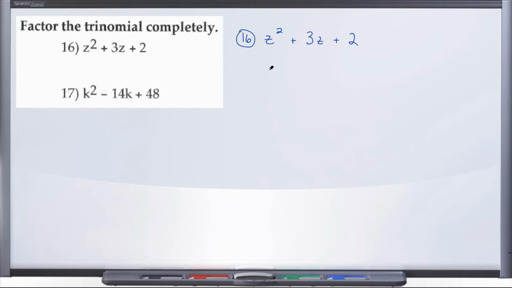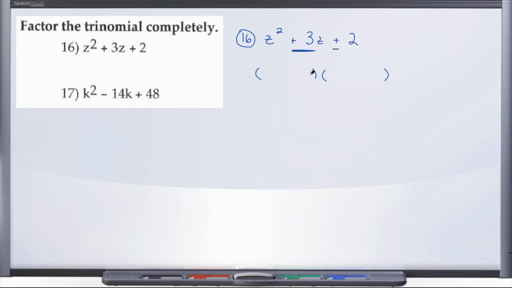Because all we're going to do with a trinomial that has a 1 as the coefficient in front of your squared term is ask yourself, all right, we're looking for factors of 2 that add to give us a positive 3.